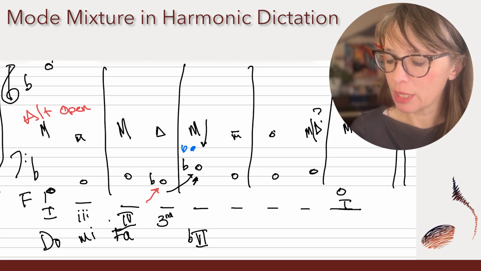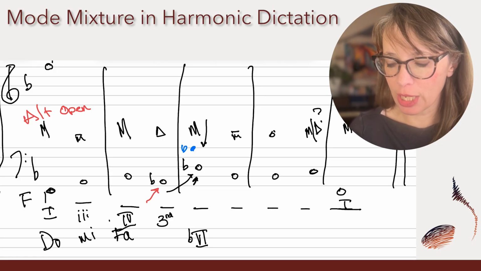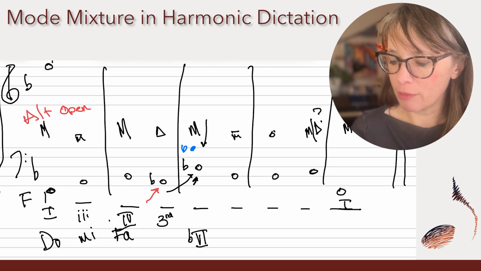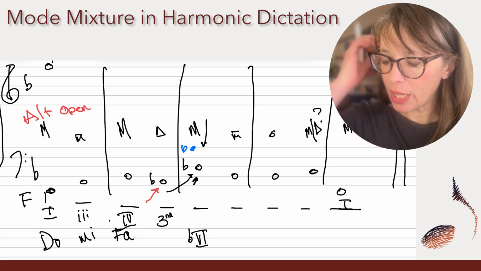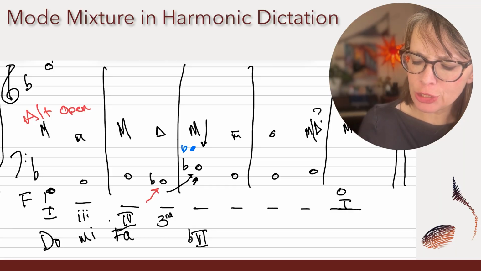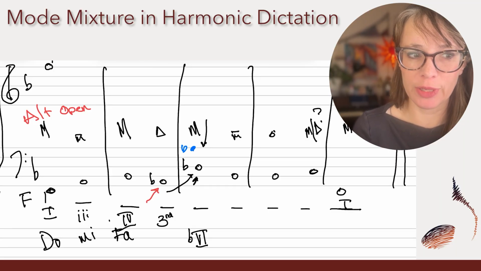So fa is flat already. It doesn't change with mode mixture. And it repeats here. So we've got a B flat, and then C and do. So sol, do.